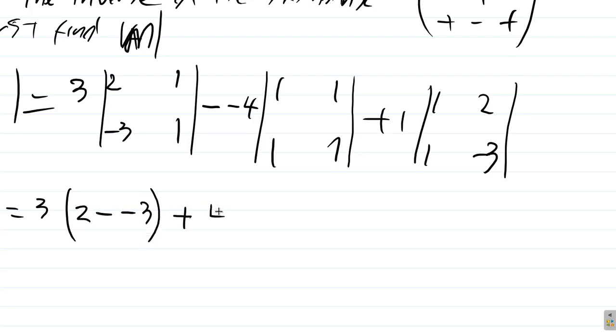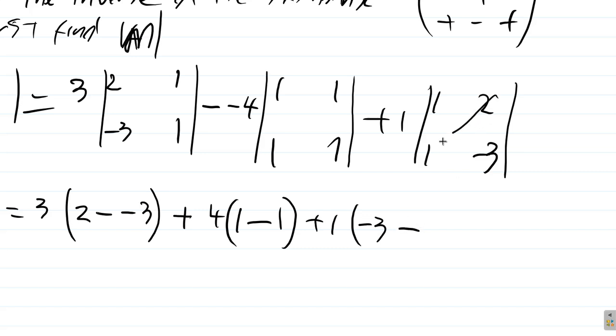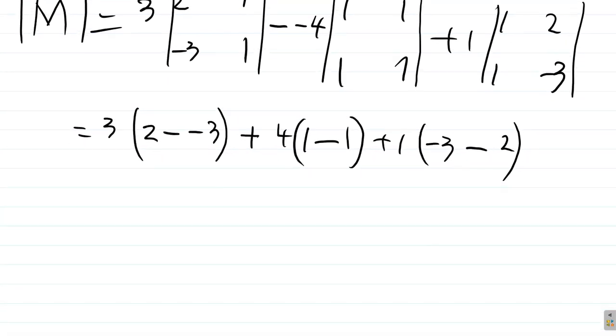This is going to be a plus 4, since a minus negative 4. 1 times 1, which is 1, minus 1 by 1, which is 1, plus 1 times 1 by negative 3, which is negative 3, minus 2 by 1, which is 2. Okay. So there you have that.